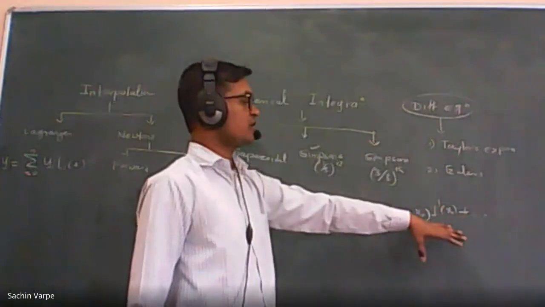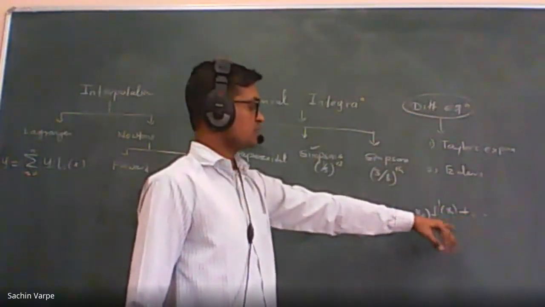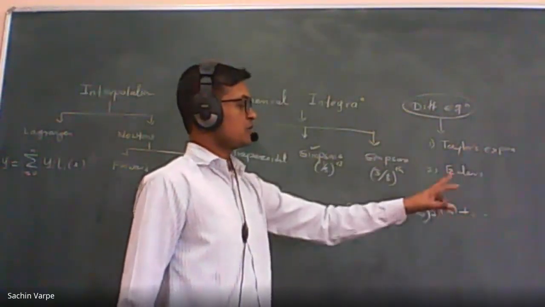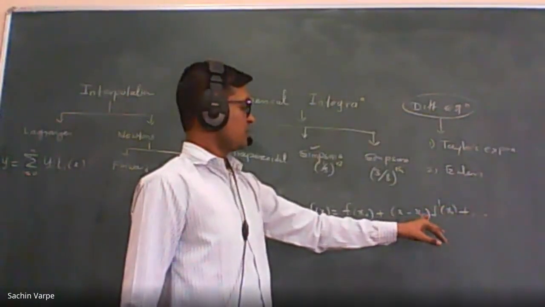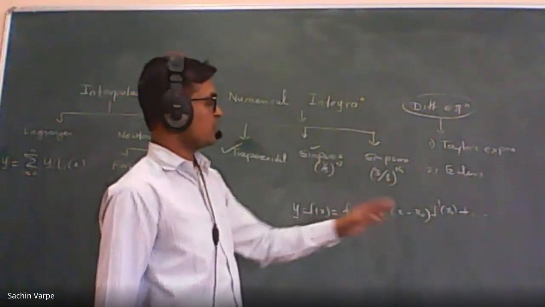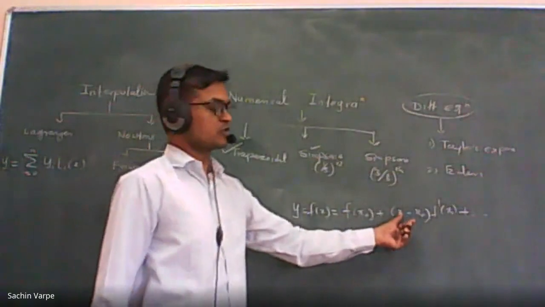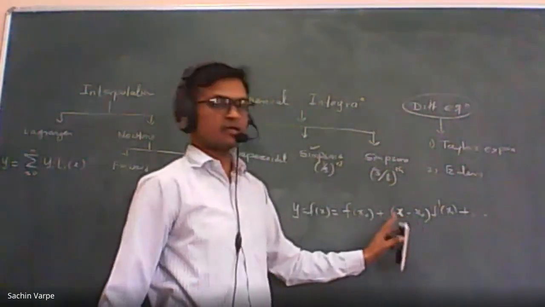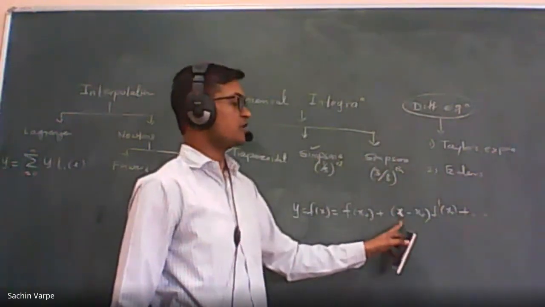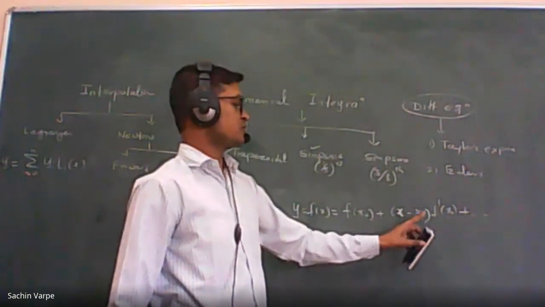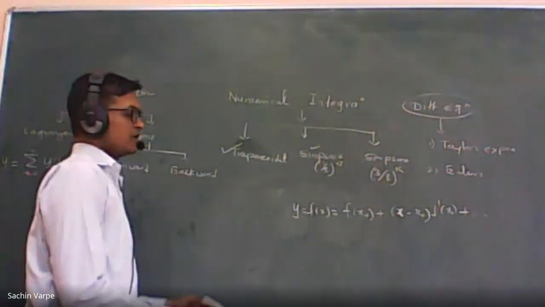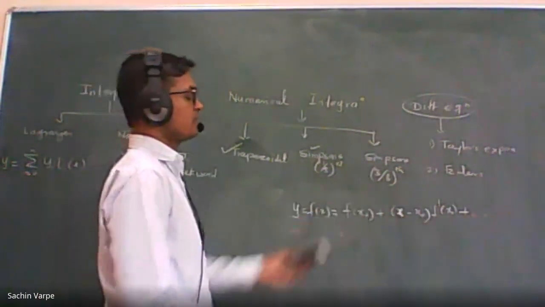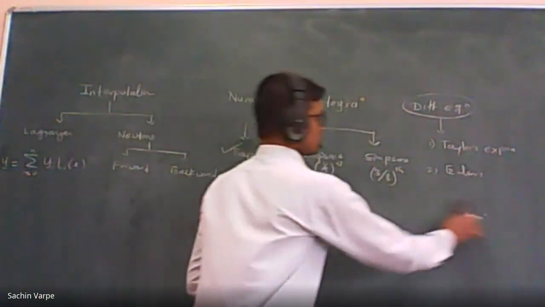We'll get the successive derivatives, and all these successive derivatives along with this x naught and y naught in this formula will give y as a function of x only, because this x is arbitrary, isn't it? This is variable, this is constant. So we'll substitute all these values and we'll get y as a function of x only. So that is an infinite polynomial as a solution we are getting.